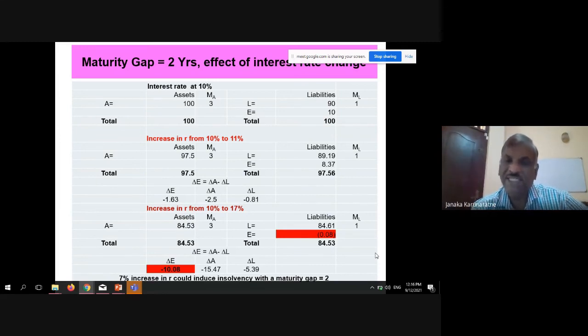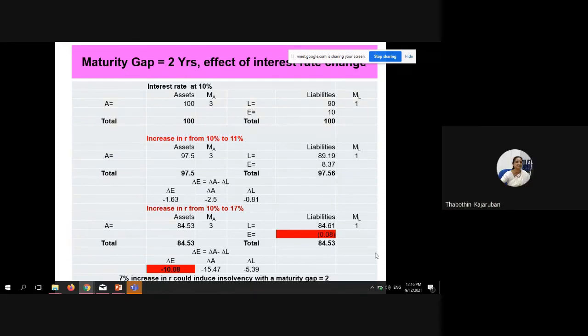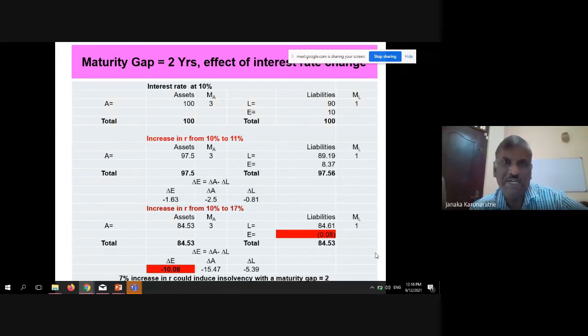When a bank reaches this sort of level, not only a bank, any institution, what can you say theoretically? Bankruptcy position. Bankrupt, insolvent. Technically, negative capital means insolvent, bankrupt. Practically, you can continue as far as the bank has liquidity to meet the liabilities, but theoretically, this is technically insolvent bankruptcy.